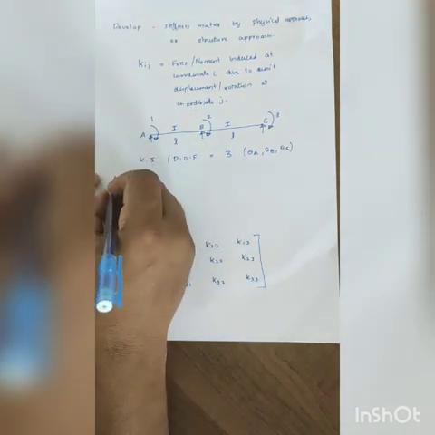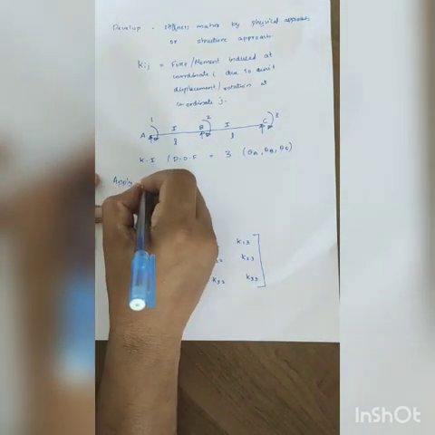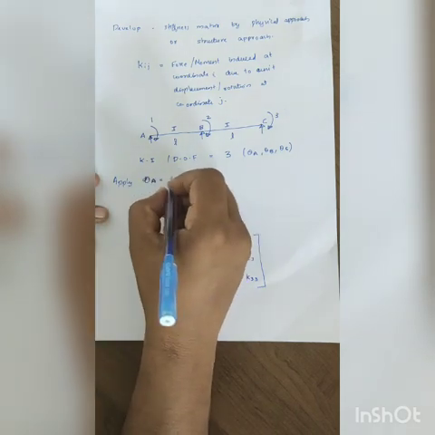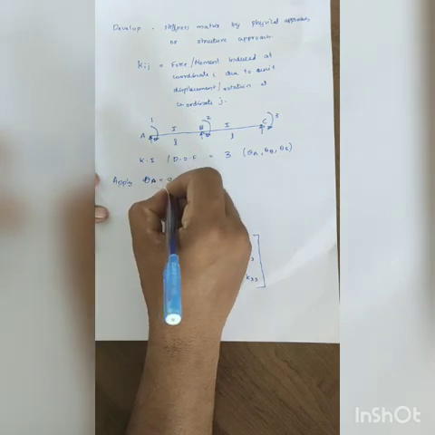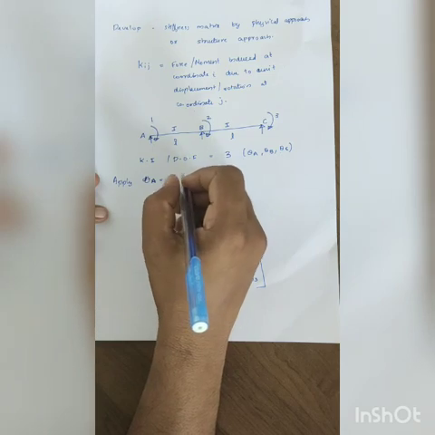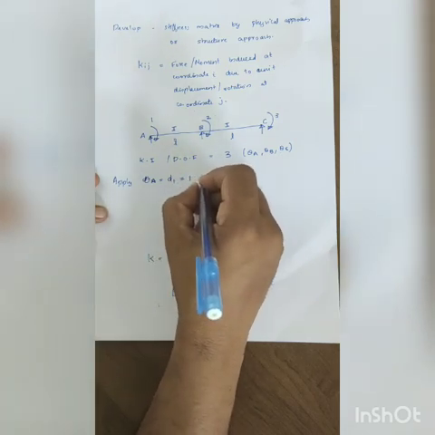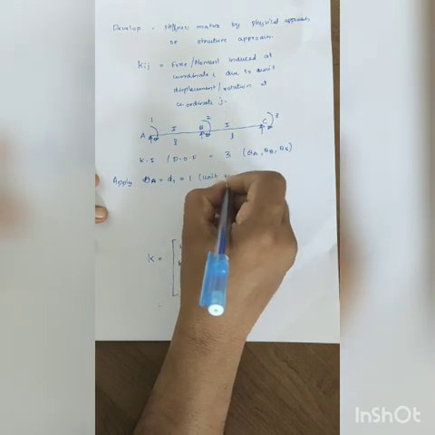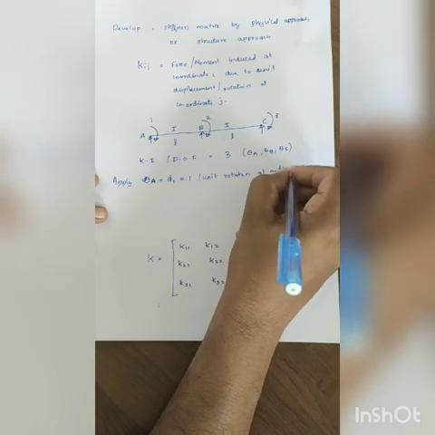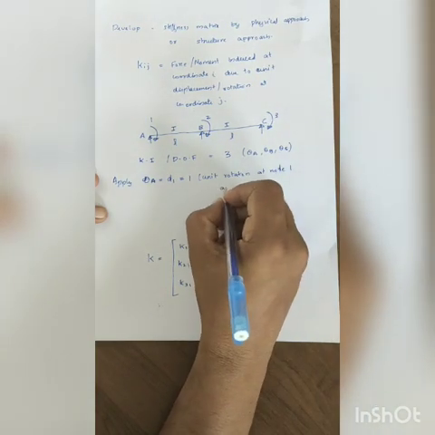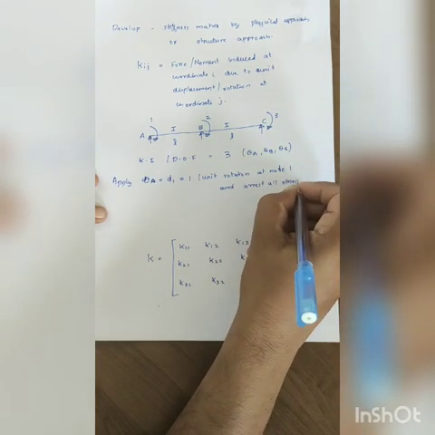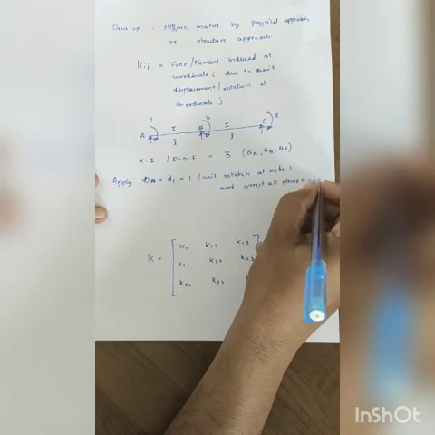So the first step is to apply theta A, the unit rotation at the first coordinate. Either you can call it theta A or you can name it d1, the displacement. It is generally written as d1. So apply a unit rotation at node 1 or the first coordinate and arrest all other degrees of freedom.